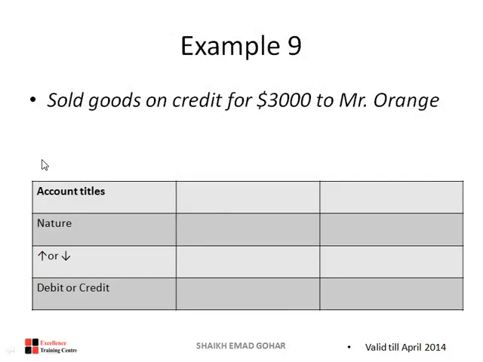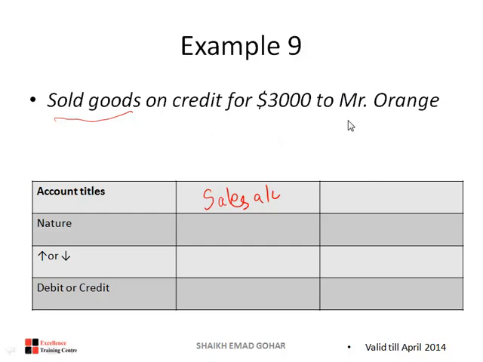Sold goods on credit. Remember in the earlier example I told you sold goods on cash. Now I am telling you sold goods on credit to Mr. Orange. So now see, sold goods, I told you, you will write the specific name which is called sales account, and this time you are selling on credit.